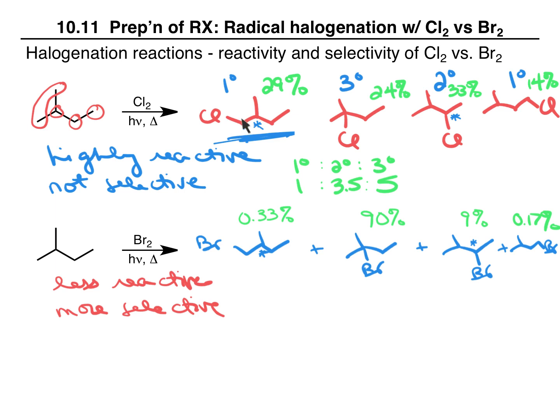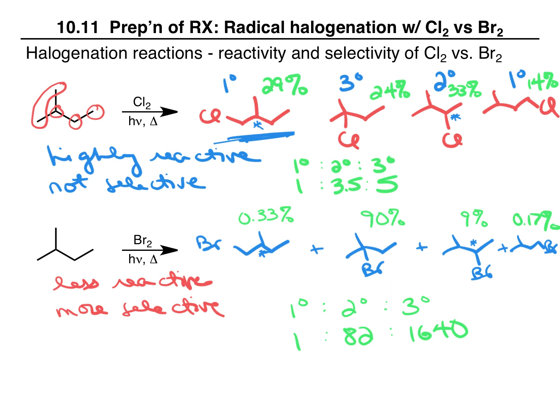The fact that we have multiple hydrogens then increases the likelihood of reaction through a primary radical. But for bromine, the relative reactivity of primary versus secondary versus tertiary is 1 to 82 to 1640. So there is a huge difference in reactivity. And reaction that occurs through a tertiary radical is much, much, much more likely to happen.